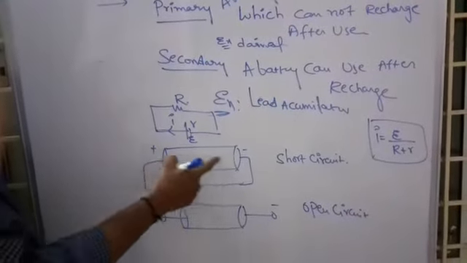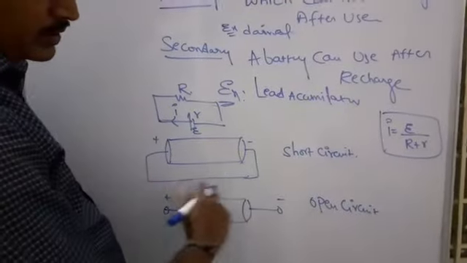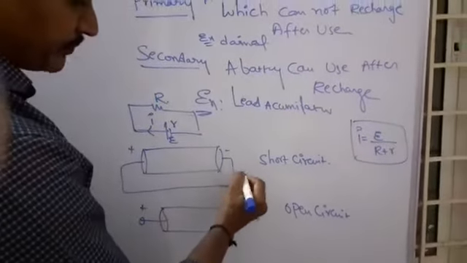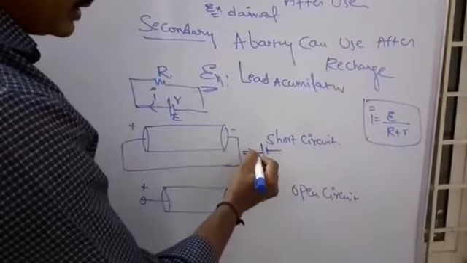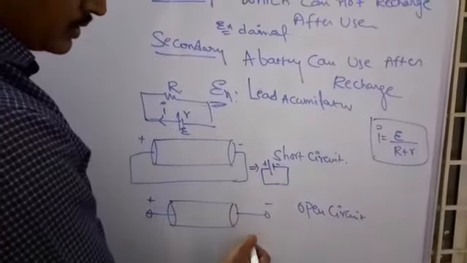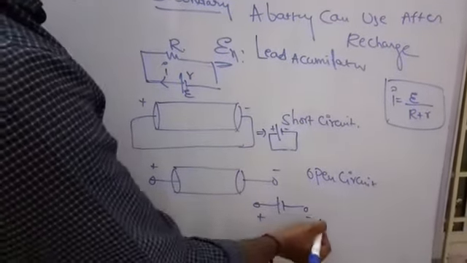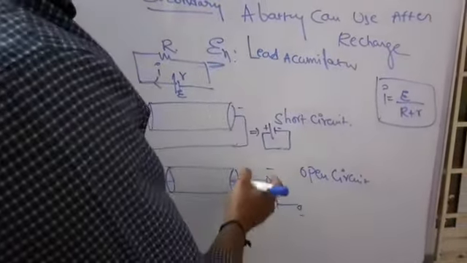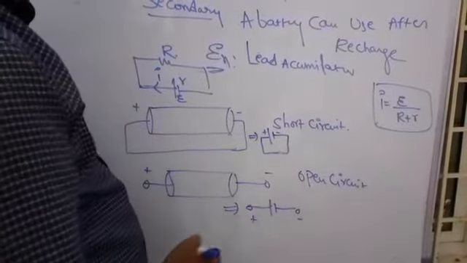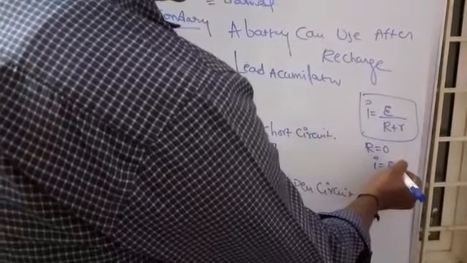Short circuit means the two terminals of the cell are connected with a connecting wire. Open means the two terminals of the battery are not connected. In a short circuit, capital R is equal to 0, so I is equal to E by r.